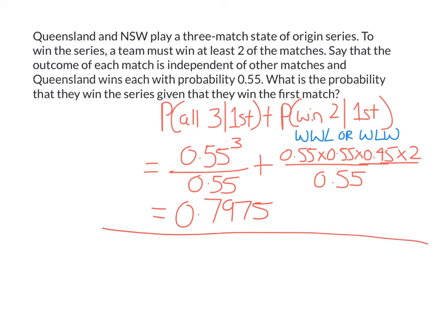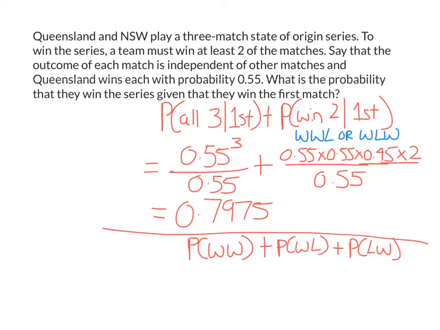Another way you could have thought about this is you could have said, okay, they've won the first game. So for them to win the series, they can either win the next 2 games, or win the second and then lose the third, or lose the second and win the third. Each of these events would result in them winning the series. Here they would have won all 3 games, because remember, we know they won the first.